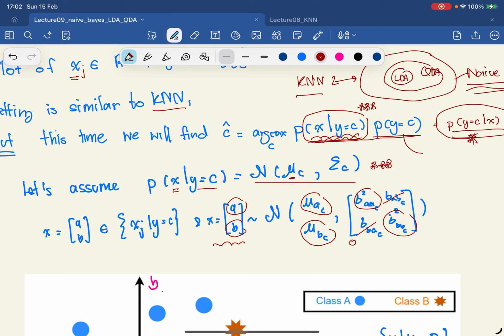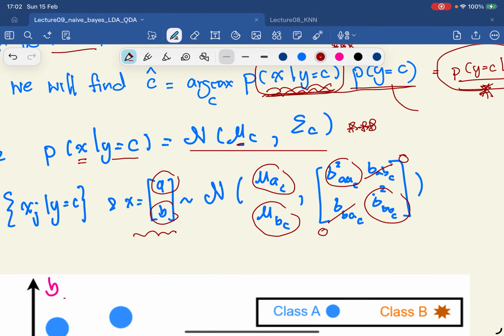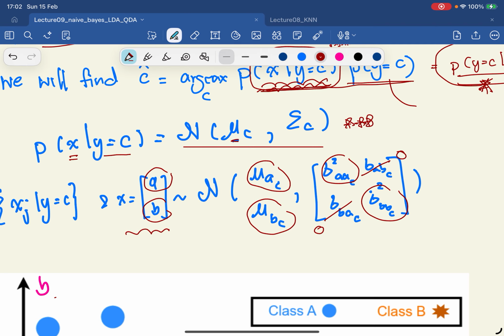But anyway, let's simplify this first. If A and B are unrelated, that means there are two Gaussians, right? One Gaussian distribution is for A, another one is for B, and A has this mean mu AC and variance sigma AC, and B has its own variance for its Gaussian.